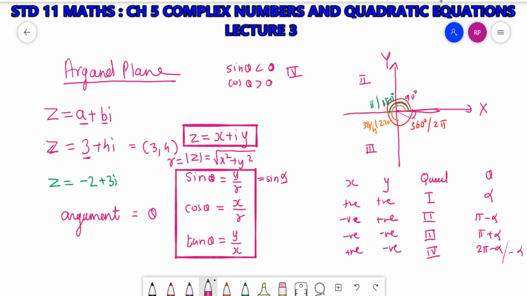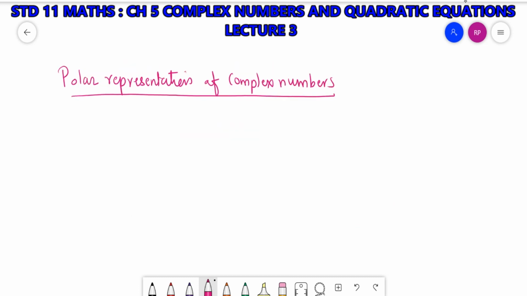Now let's see about the polar representation of complex number. Now see what we have to do. The first step is to find the modulus. The second step, find the angle.